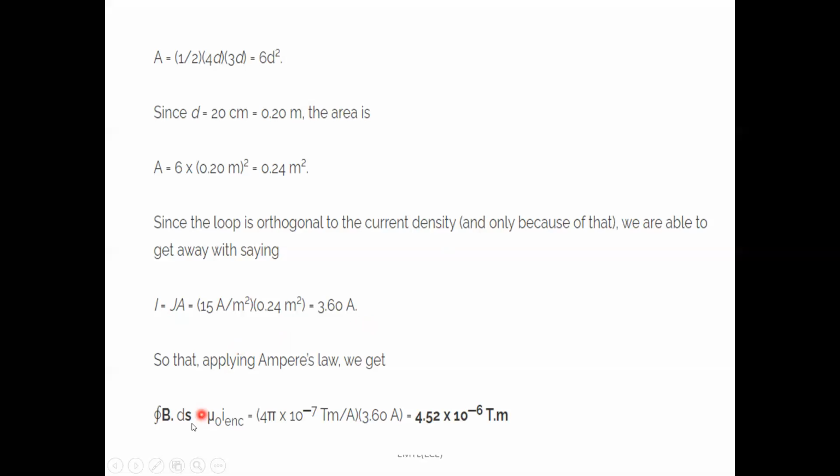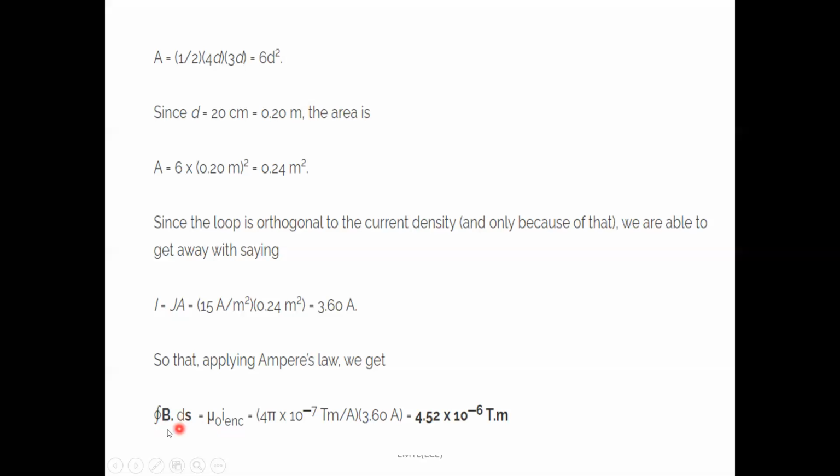Now we have to find the value of integral B bar dot dS. But actually, we study Ampere's law as integral H bar dot dl is equal to I. So the same expression we have to convert in terms of magnetic flux density as integral B bar dot dS is equal to mu naught I enclosed.